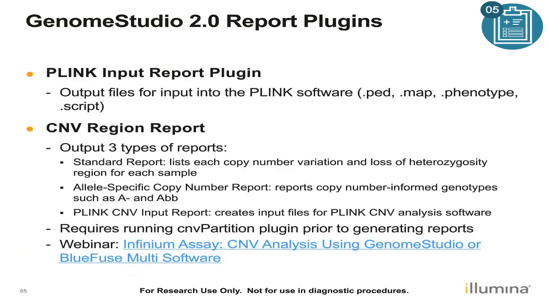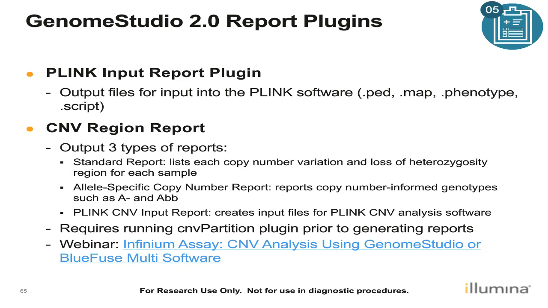There are also report plugins available. For example, if you'd like to export your data and analyze them using Plink, you can use the Plink Input Report plugin, and it will generate files that can be used for input into the Plink software.